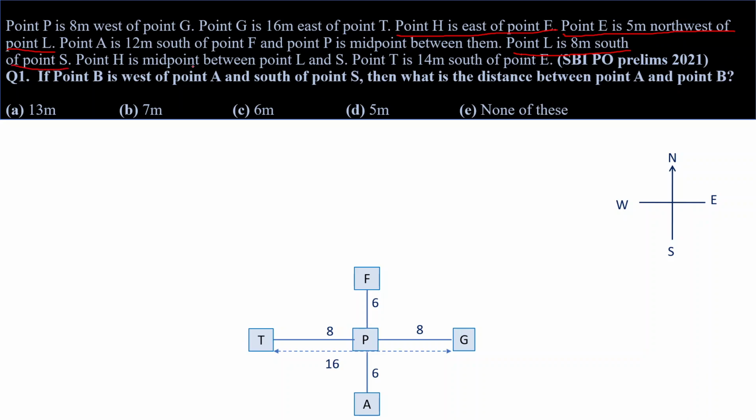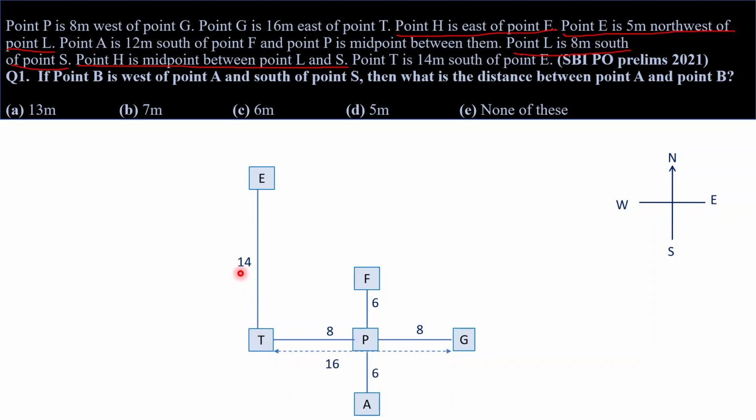Okay, point H is the midpoint between point L and S. So I'm going to underline this also because we don't have point L, S and point H. Now, point T is 14 meters south of point E. So we have point T here, which means point E was 14 meter north of T, or you can say that point T was 14 meters south of point E.